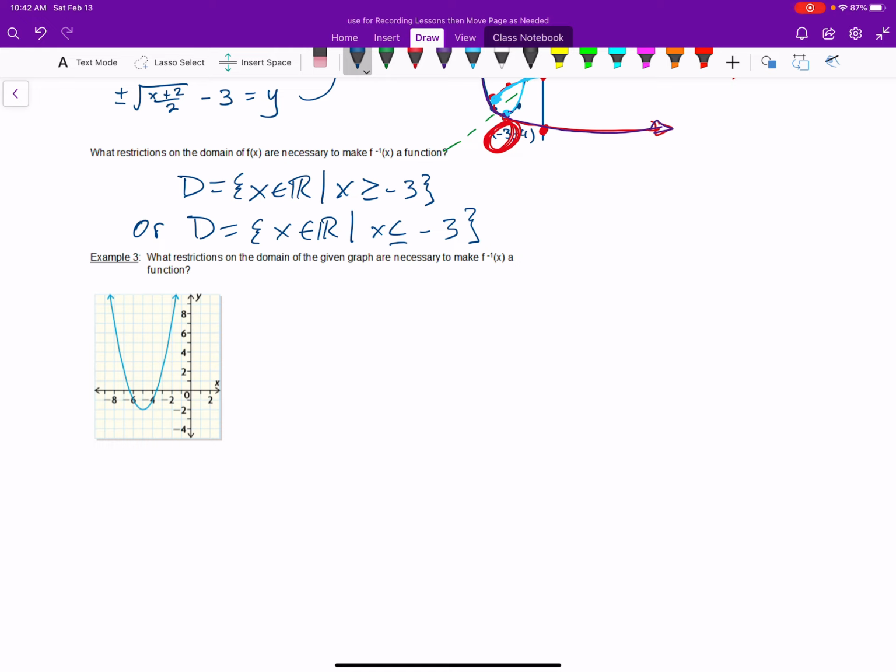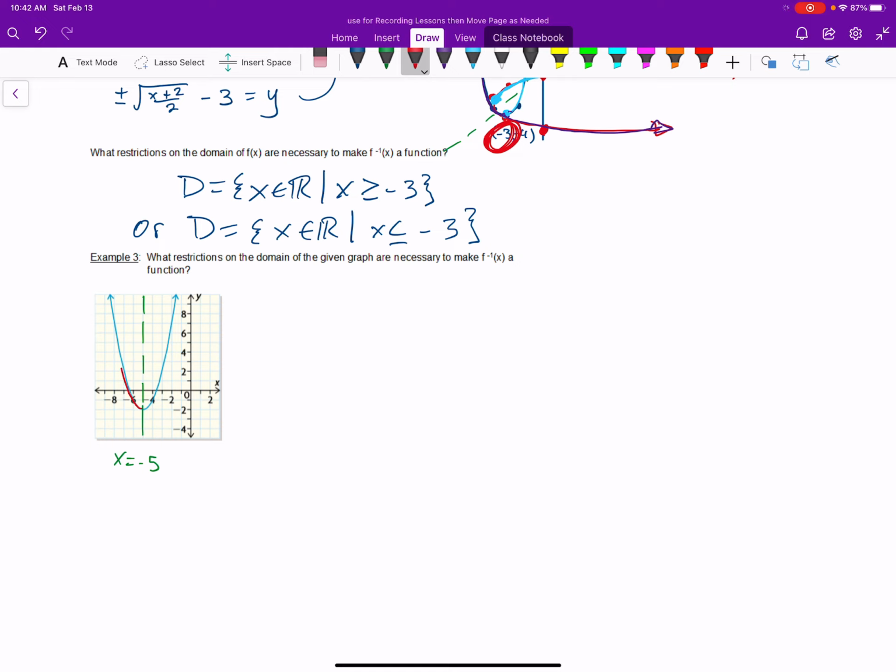So based on what we just talked about, if I recognize that the axis of symmetry goes down here through the vertex, the axis of symmetry would be x equals -5. That would cut this parabola in half.